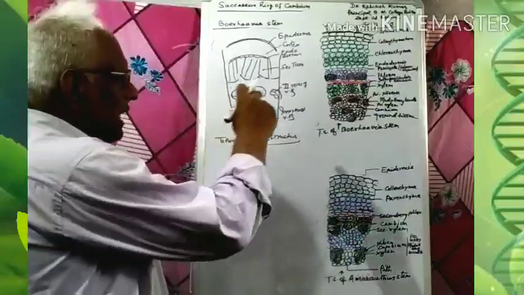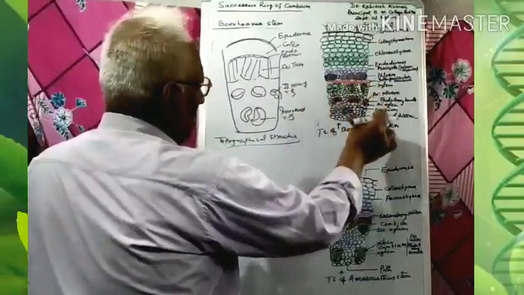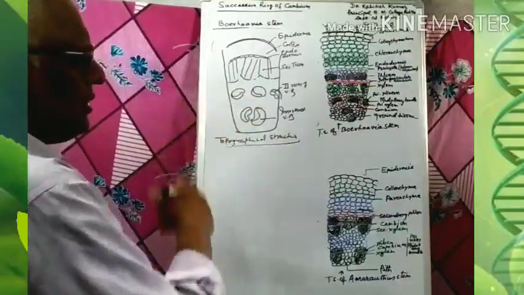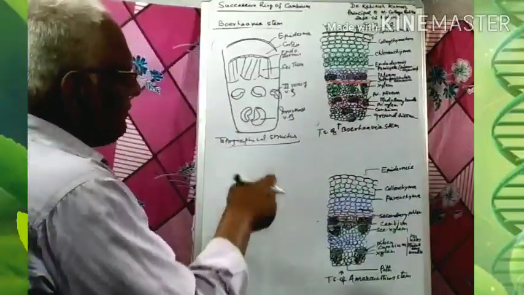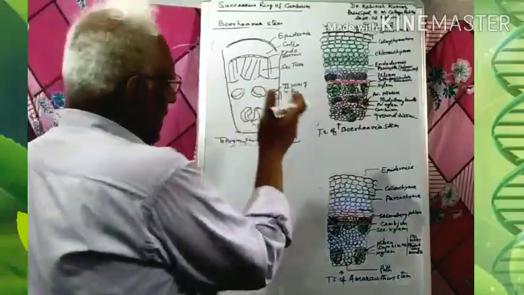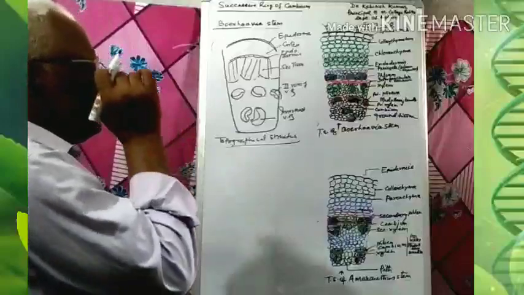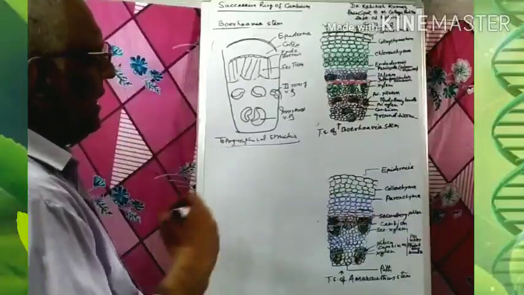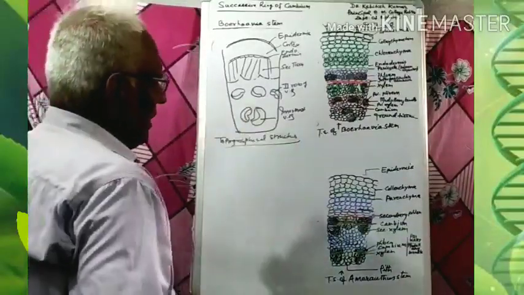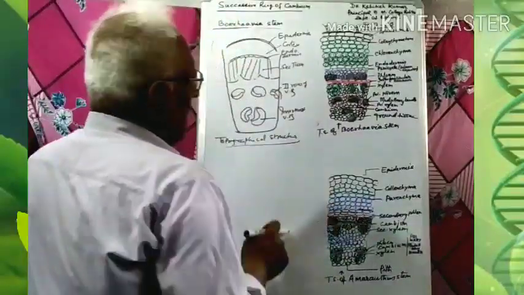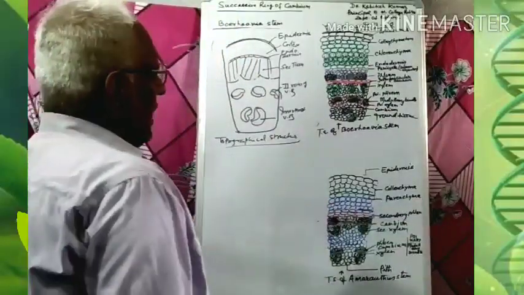So the outermost ring A is formed, and this outermost ring starts to cut secondary xylem inward and secondary phloem outward.